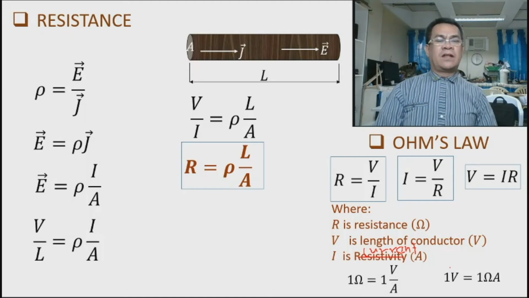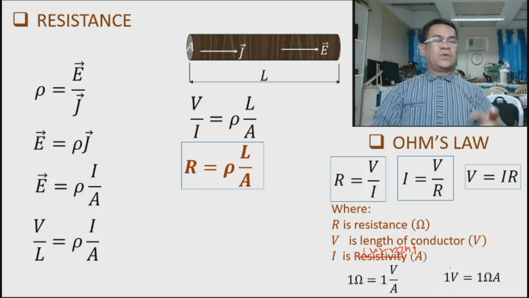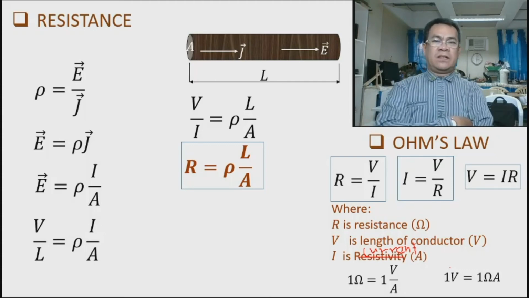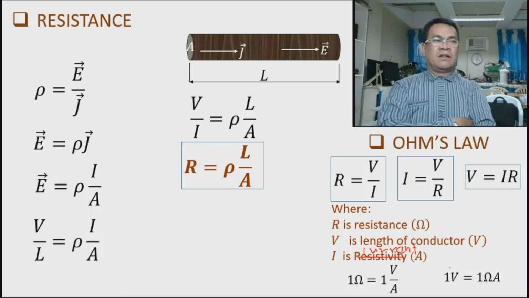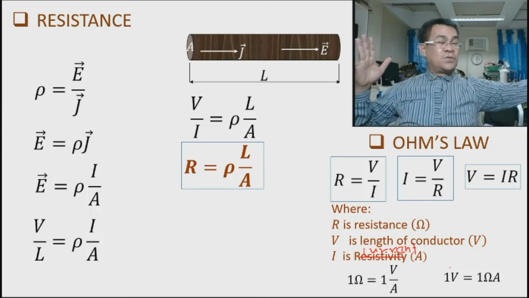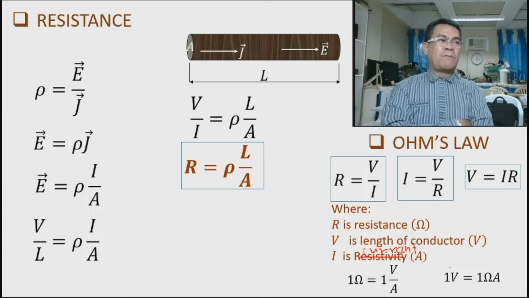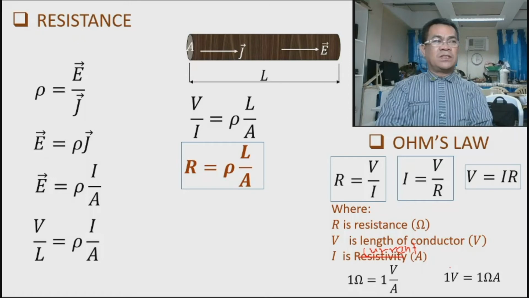So take note that if in your house you have extra wires connected to the source, then you have a large resistance. Now, resistance is to resist the flow of the current, which means that if you are using extension wires, then you are consuming a lot of energy. Why? Because a long wire has a large value of resistance, and the resistance, remember, is countering the flow of the current, which means that you are consuming more energy.